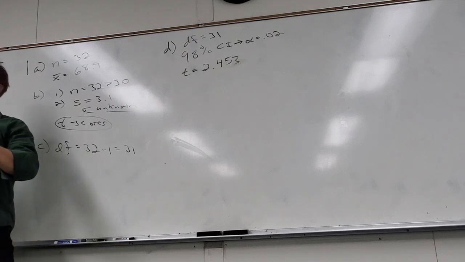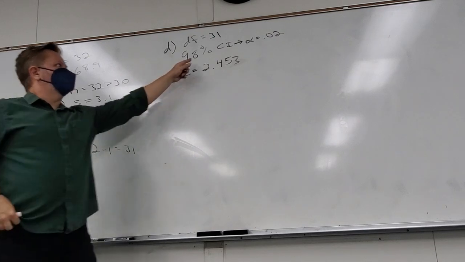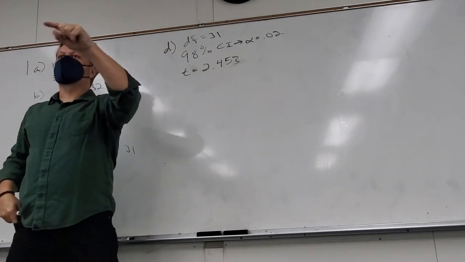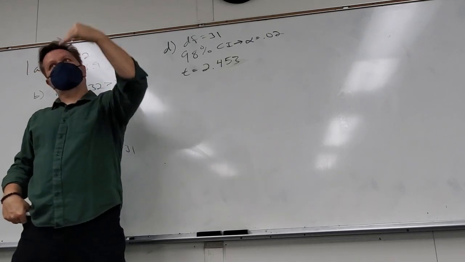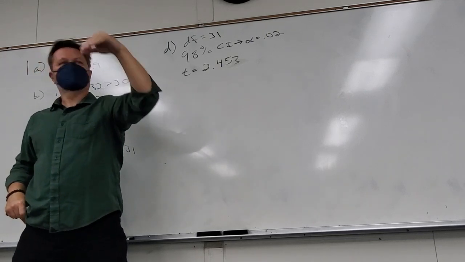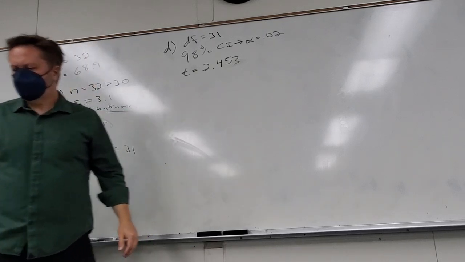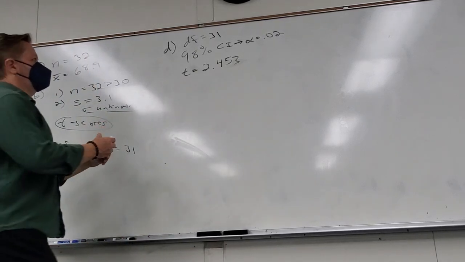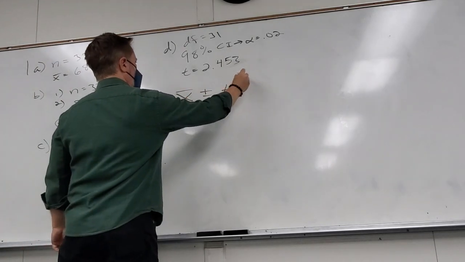There's no reason you should have this memorized, but a 98% confidence interval would normally have a z-score of 2.326. So I know the t-score should be bigger than what the z-score would be. So this makes more sense. And now it's just a matter of putting in everything I know. We know every single part of this equation.